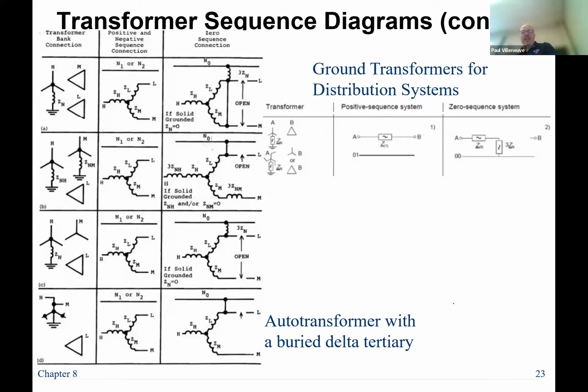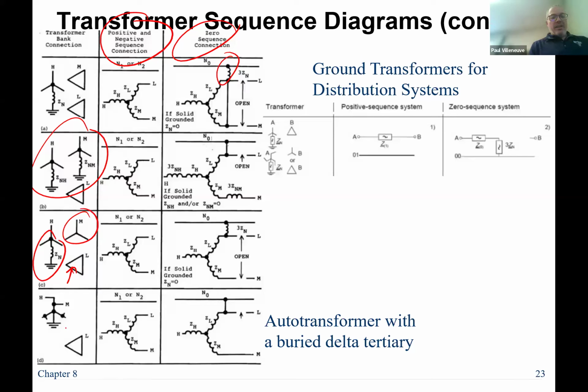So I should actually add this. That's positive and negative sequence. So the transformer is a transformer. The zero sequence, you can actually see the 3Z end. So that actually allows, because the delta can circulate. If you have grounded over here, it's basically the same thing. If you have one ungrounded, well, that's still okay because I can circulate over here, right? And I've got a connection over here.